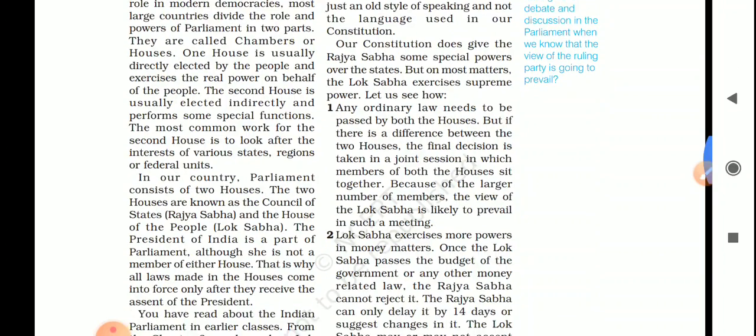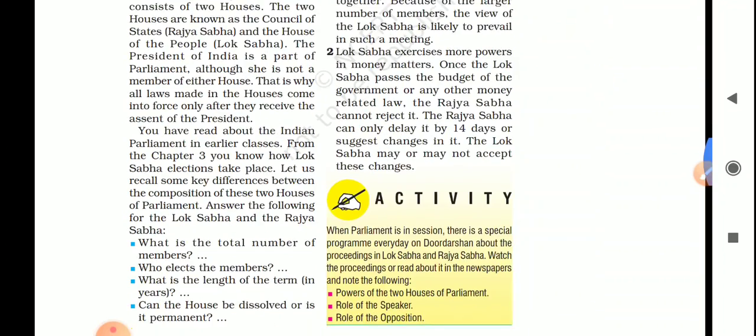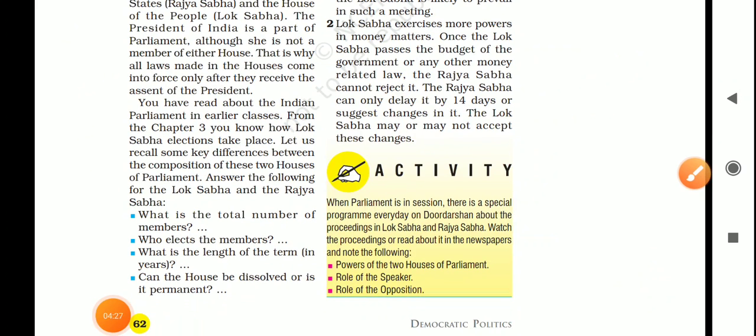If we talk about the functions, there are some functions like this. It legislates on matters that fall within the central list. Second, the income and the expenditure to be incurred by the central government are approved and controlled by the Union Parliament.